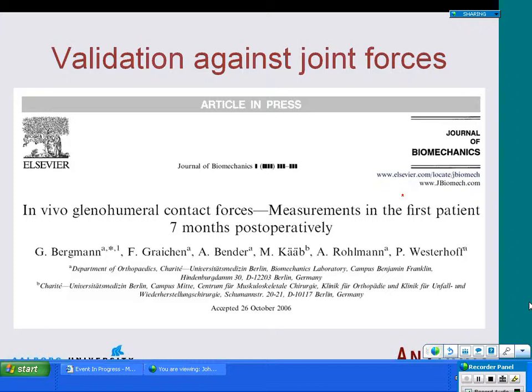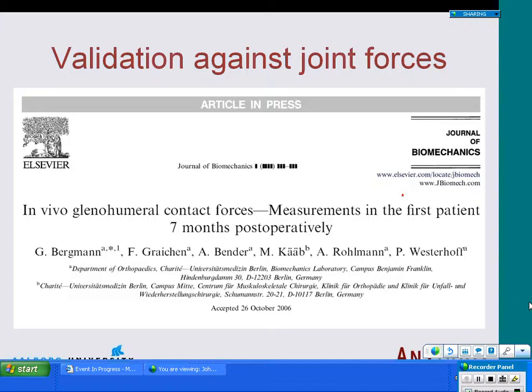And from the point of view of validation of musculoskeletal models, this is extremely interesting because now we actually have forces that have been measured directly and which we can compare directly to the forces that we are computing in a musculoskeletal model. So this is a very nice opportunity to do validation of the models and see how close we are to reality.